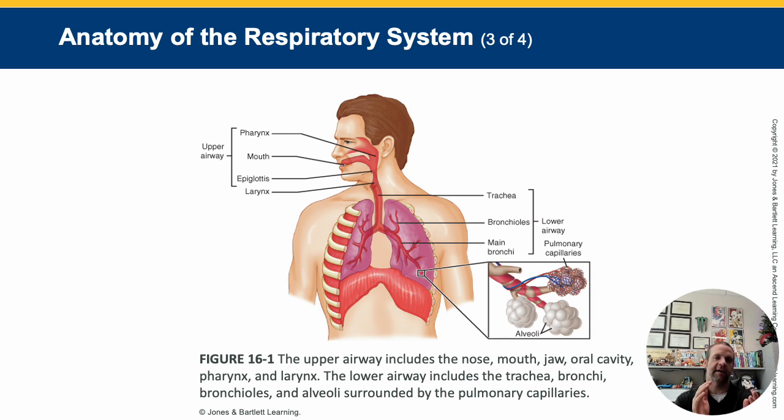Now the alveoli are tiny, balloon-like structures that are surrounded by pulmonary capillaries, and these are the true workhorses of the respiratory system. This is where the oxygen enters the blood and carbon dioxide is expelled. Okay, the proximity between the alveolar membranes and the surrounding capillaries allows for efficient gas exchange through the process of diffusion.